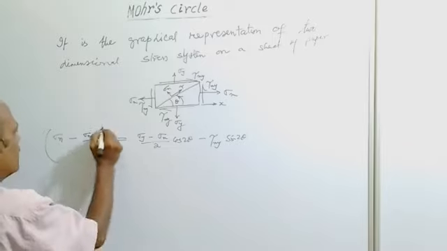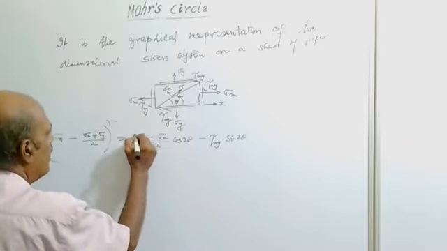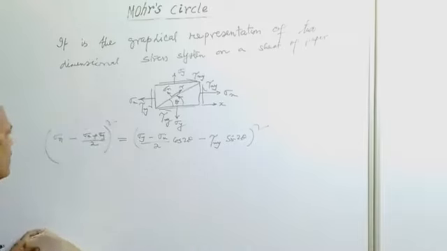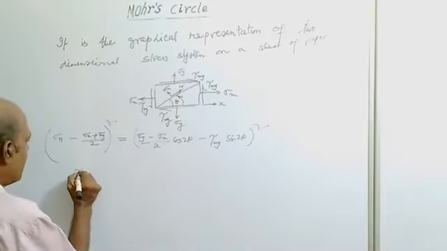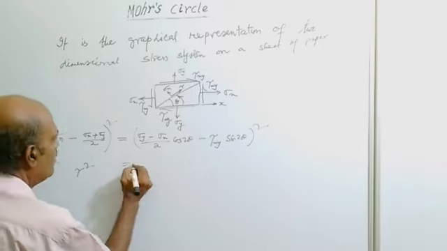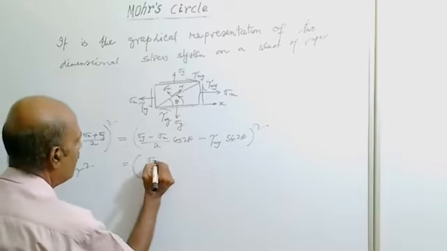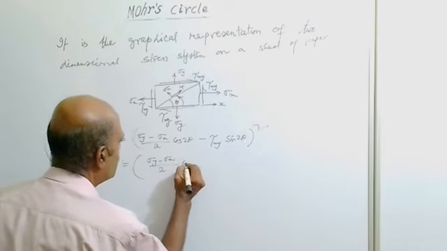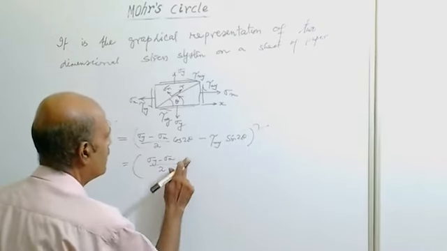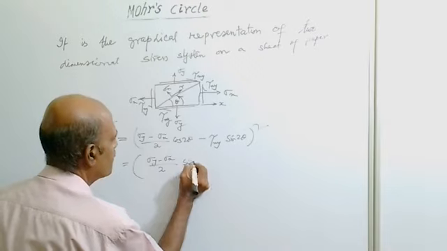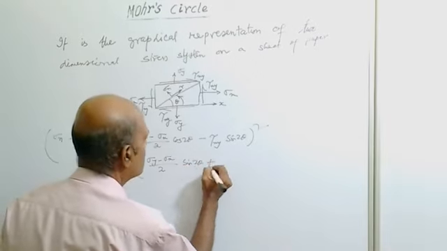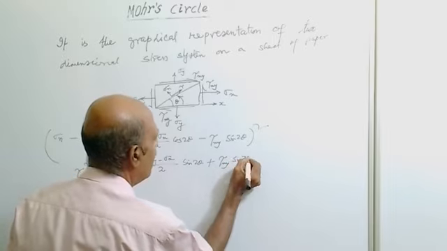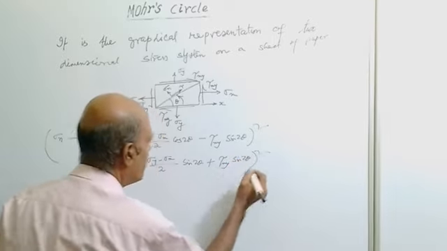If we square this equation, then this will be like this. Similarly, if we square that tau equation, it will be sigma y minus sigma x by 2 sin 2 theta plus tau xy cos 2 theta whole square.